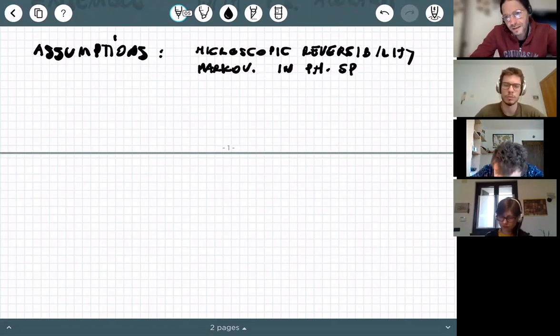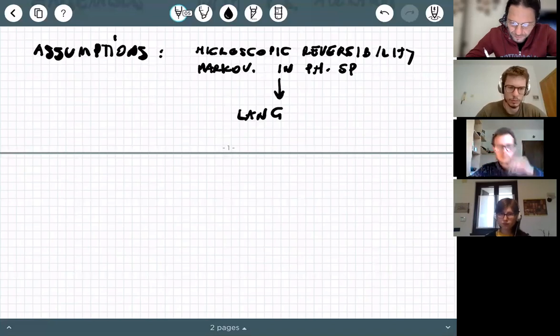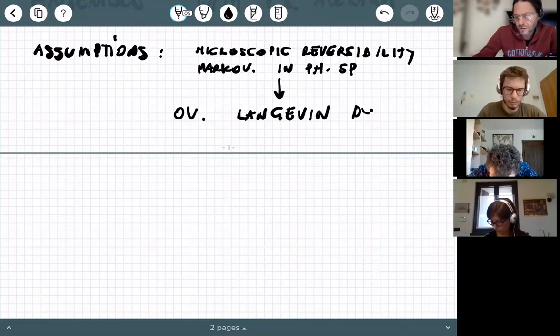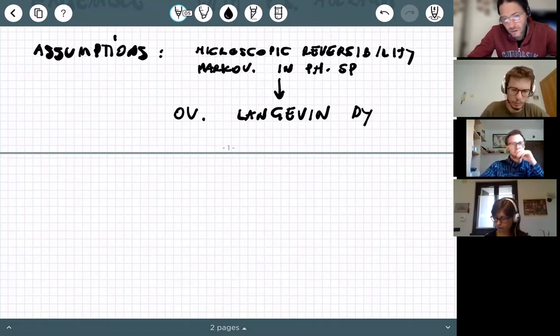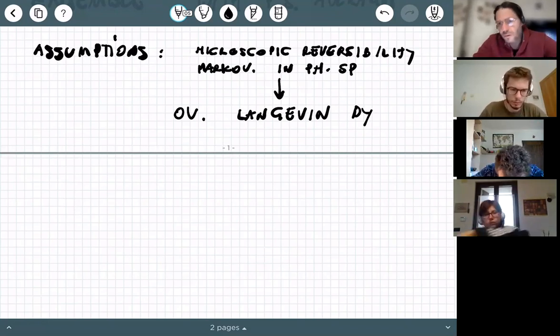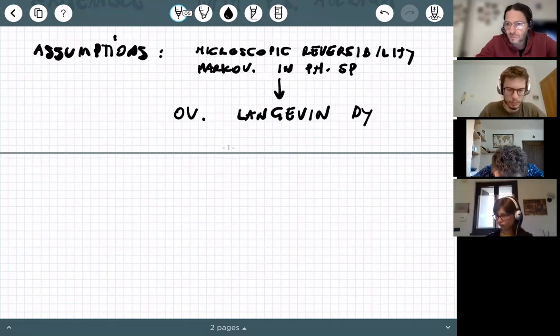But we will be more practical than that in these lectures and focus on the overdamped Langevin dynamics, which is of course Markovian in configuration space, which is a stricter condition, and obviously obeys microscopic reversibility. So we will assume our system obeys Langevin dynamics, but you don't necessarily need to do that if you want to recover basically all the results that I will discuss today, with some caveats here and there. Okay.